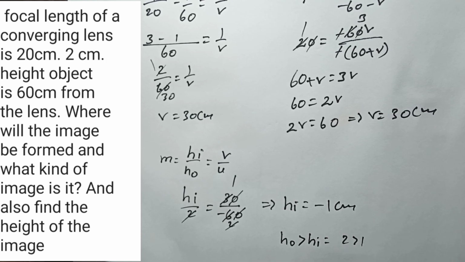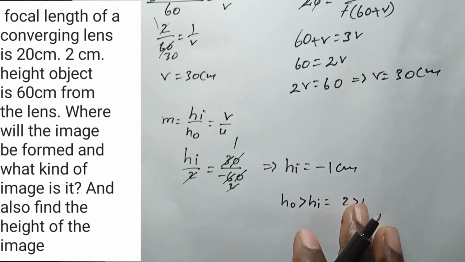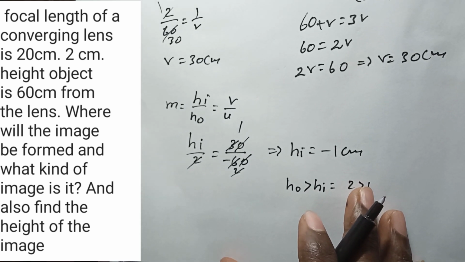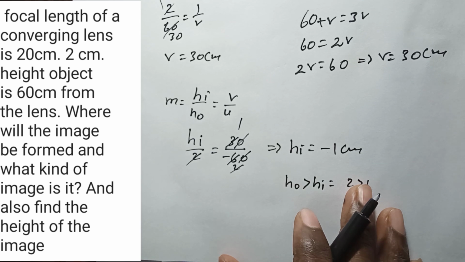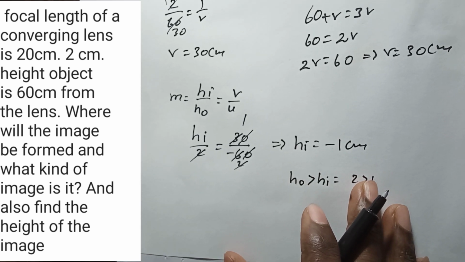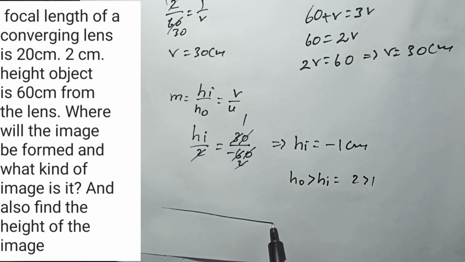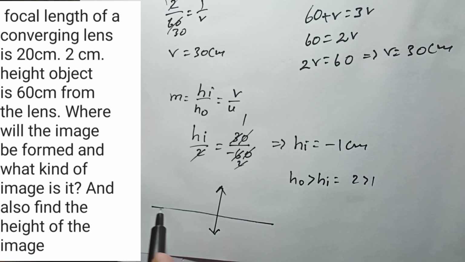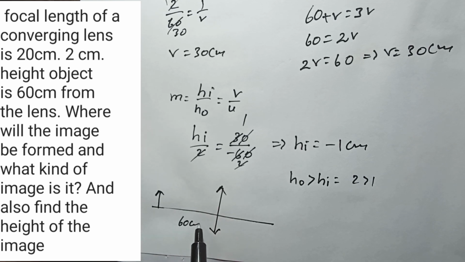And if you are drawing the diagram for this one by using these values, one more thing we have to show, that is whether it is a real image or virtual image. So while drawing the diagram you will get clarity about that. So this is the lens, convex lens, and we are taking the object above the principal axis, and this is the 60 centimeters object distance, and focal length is 20 centimeters.